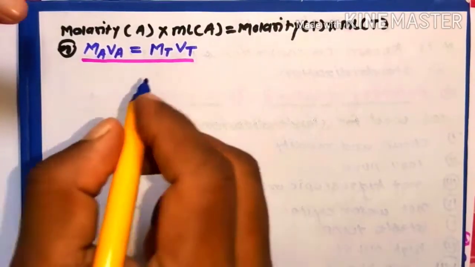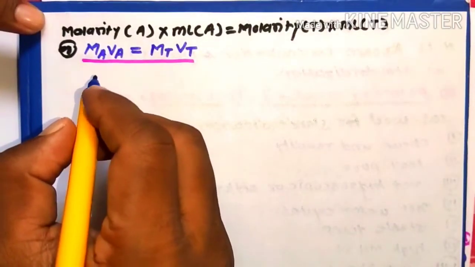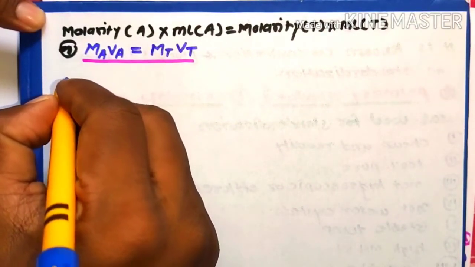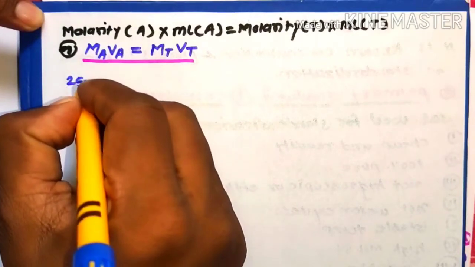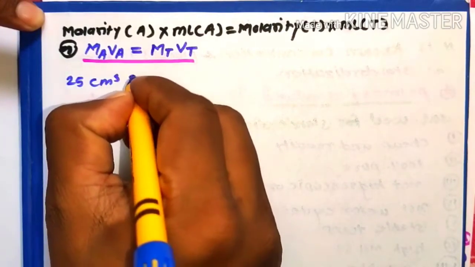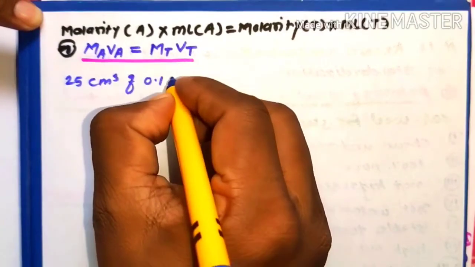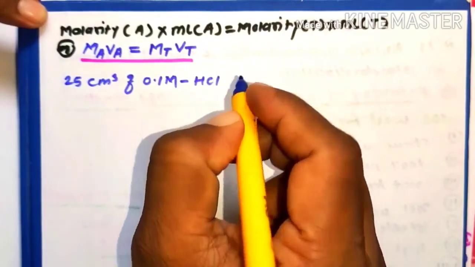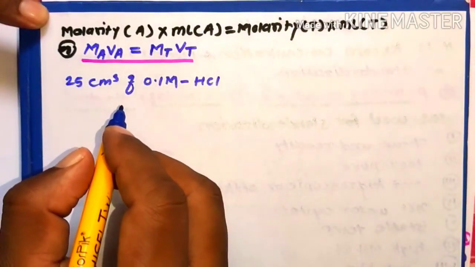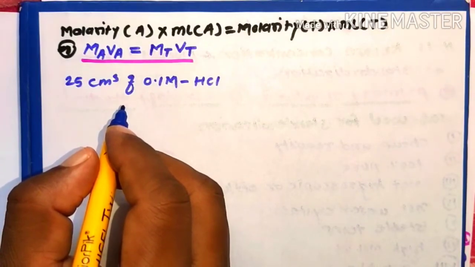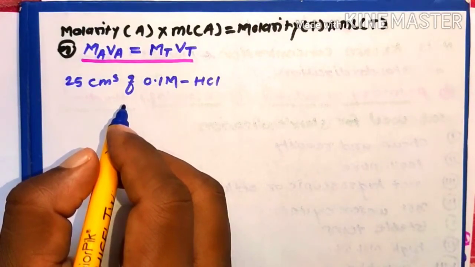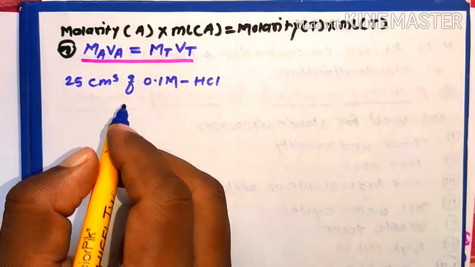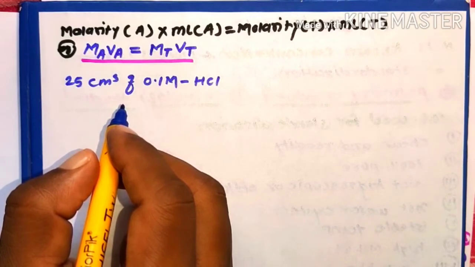Now the first example on molarity calculations. Suppose 25 cm cube of 0.1 molar hydrochloric acid, HCl, was titrated against a solution of sodium hydroxide using phenolphthalein as an indicator. The volume of alkali required was 23 cm cube.